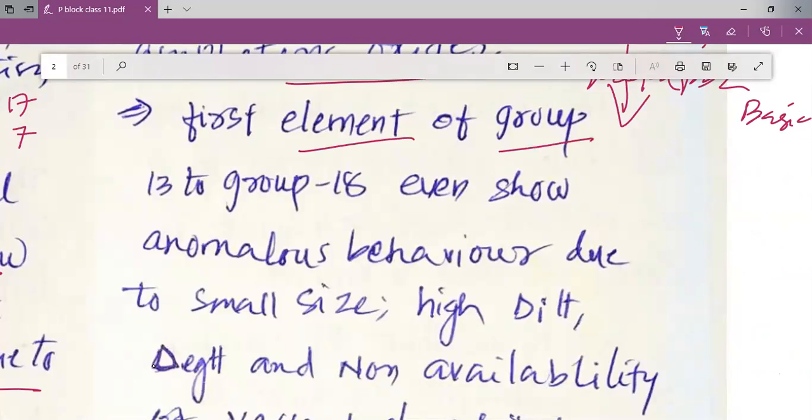The first element of groups 13 to 18 even shows anomalous behavior.